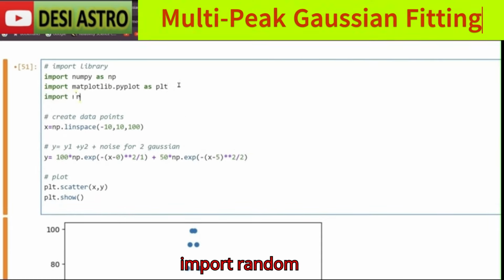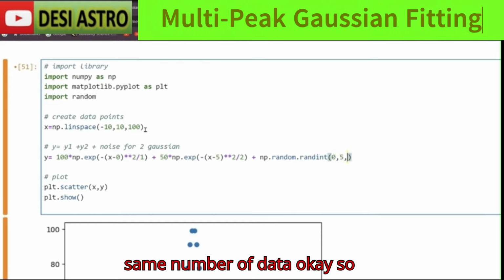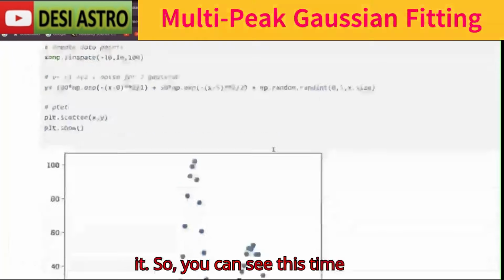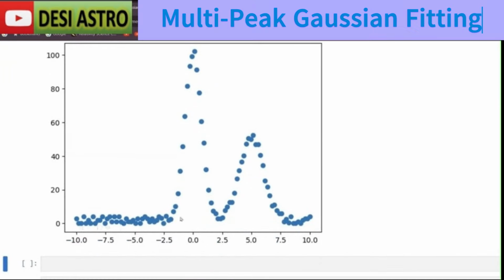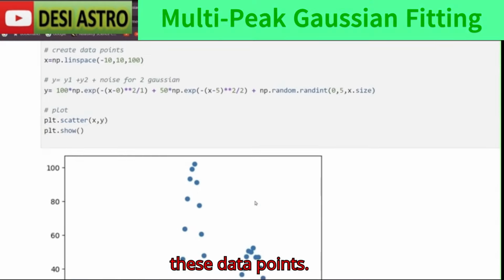So import random, then you can add here np dot random dot randint, and then 0 to 5, and you can give the same number of data, so x dot size, right? Now plot it. So you can see this time your data points are a little bit scattered, so we have to fit a multi-peak Gaussian through these data points.